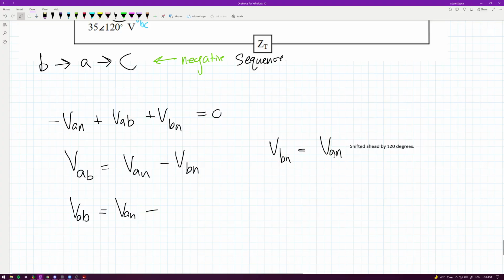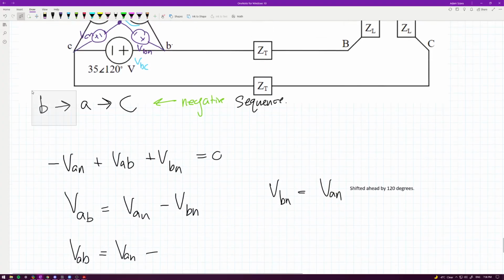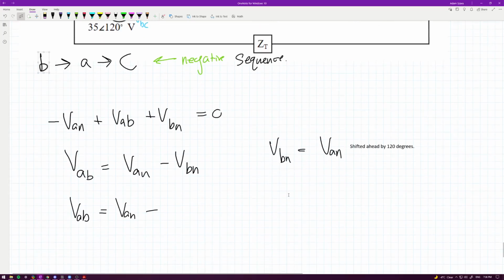Hopefully that makes sense because it's a three-phase system and a negative sequence. To go from A to B, we go ahead by 120 degrees. How do you shift a complex number ahead by 120 degrees? You take VAN and multiply it by 1 at an angle of 120 degrees. This is the action of shifting it ahead by 120 degrees.